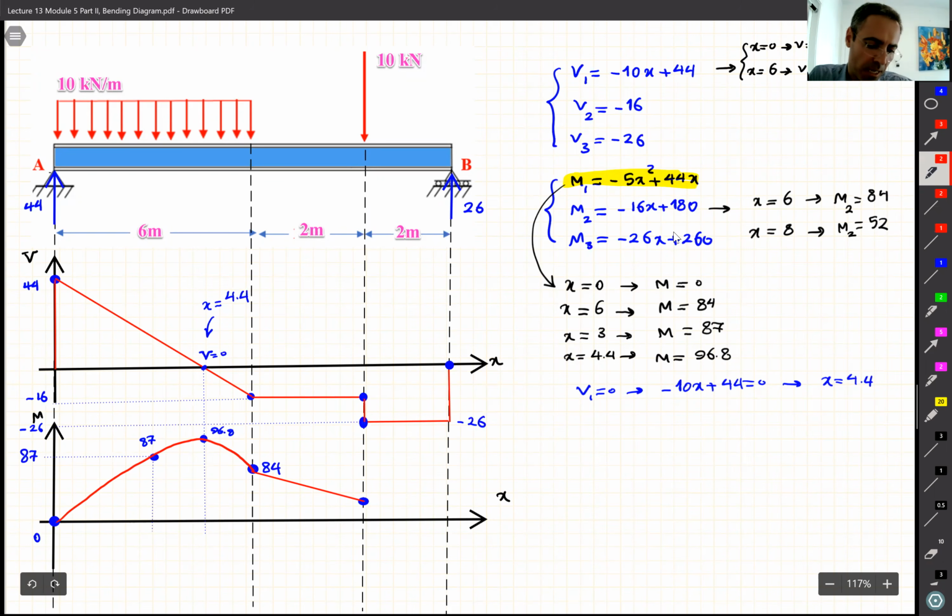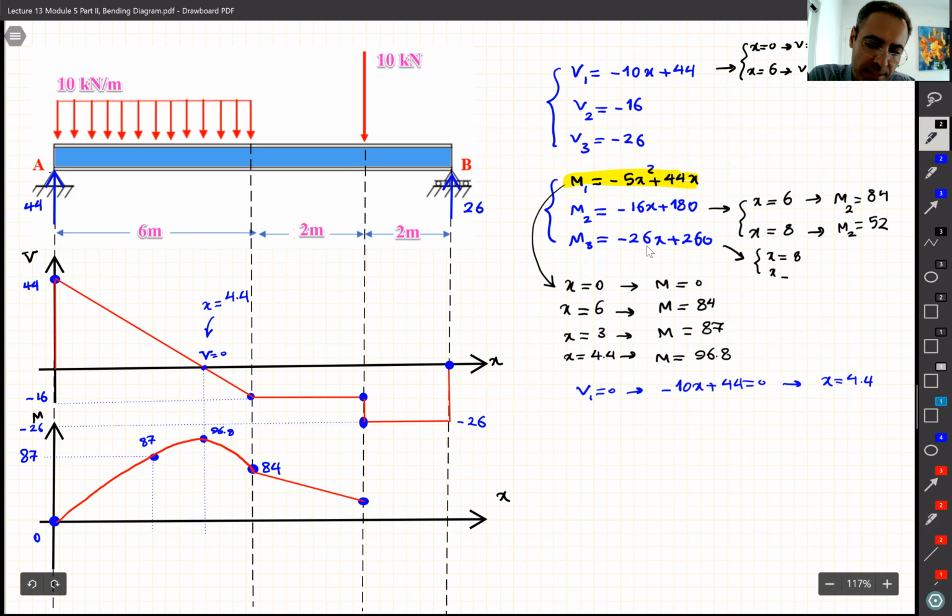Okay. So far we got to that point, and then the last equation, M3. x equal to 8 and x equal to 10, right? It gives us M3 equal to 52 and it gives us M3 equal to 0.